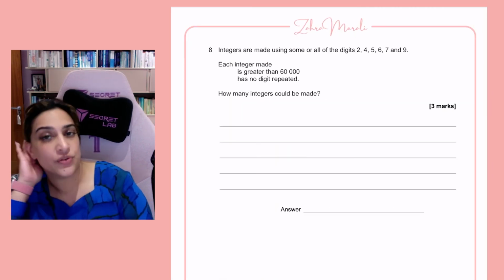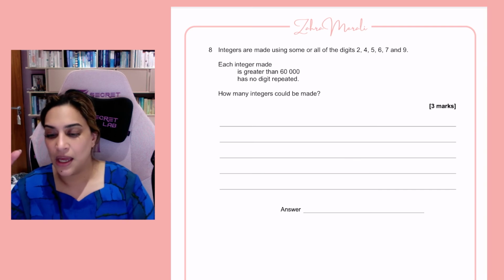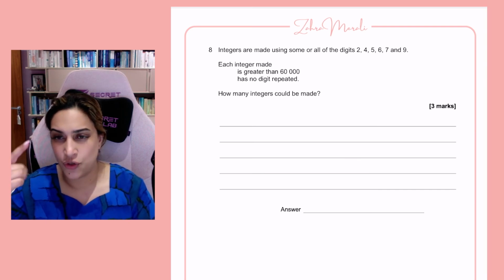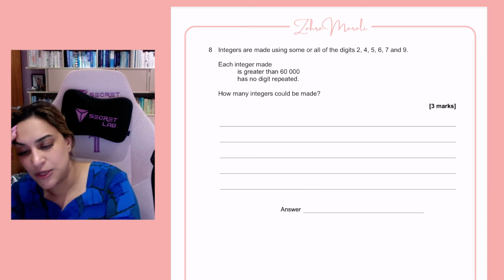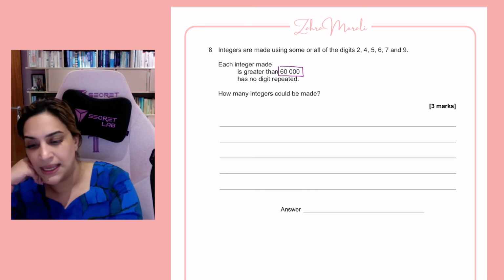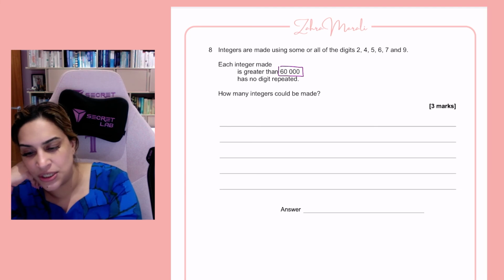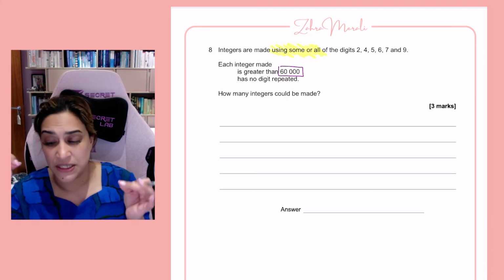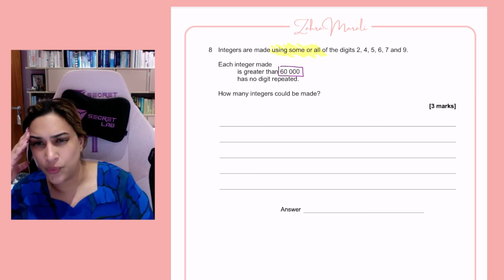The final question, which is also on the product rule, you're looking at digits 2, 4, 5, 6, 7, and 9. You want them to be greater than 60,000, nothing is repeated, and an important bit of information here is you're using some or all of the digits.